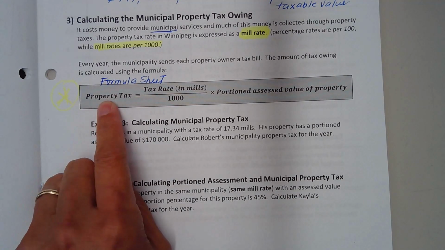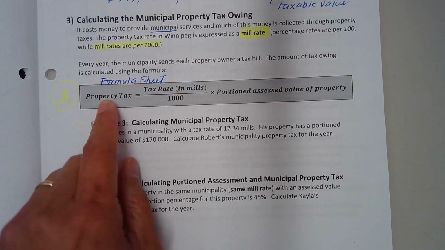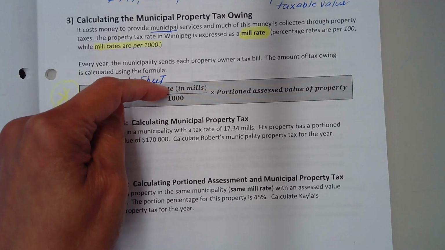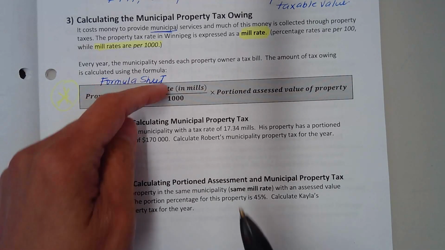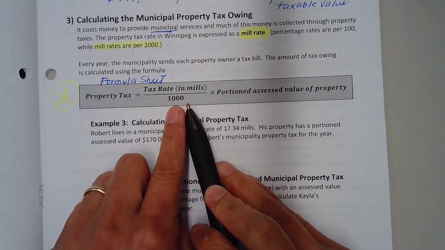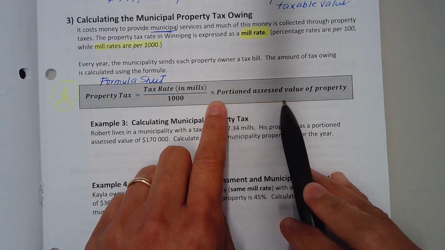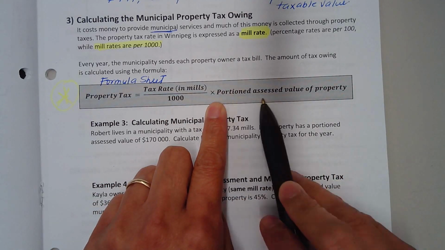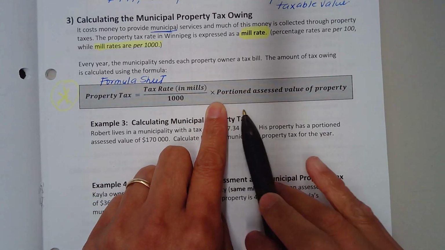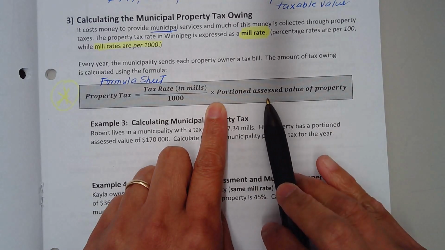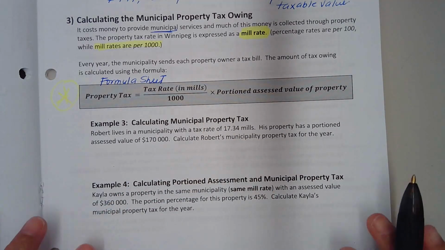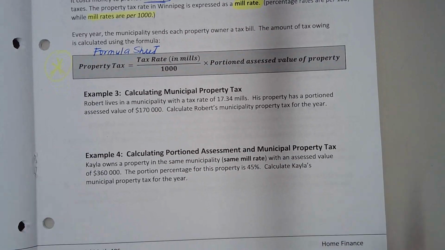The property tax is equal to the tax rate, which will be given to us, divided by 1,000, times portion assessment. After we figured out the portion, that's the number that we put in there. Let's put it together.